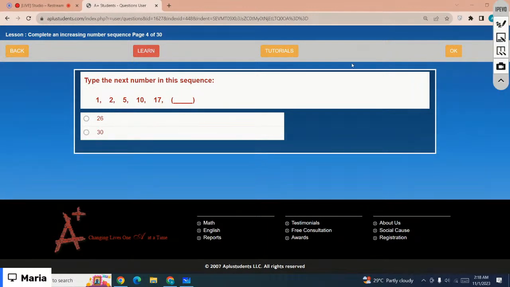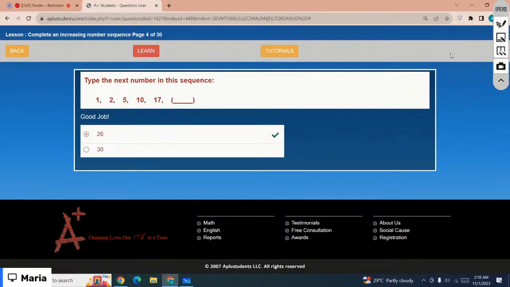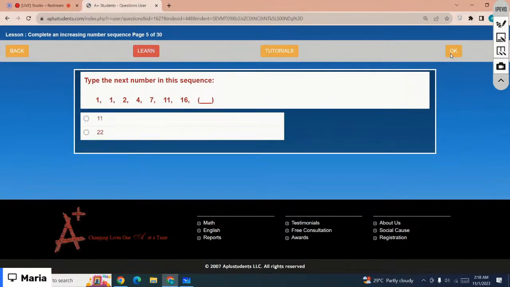Next number in the sequence is 26. Okay, type the next number in the sequence. So which is the next one in the sequence? The sequence is 1, 1, 2, 4, 7, 11, 16. Which is the next one?